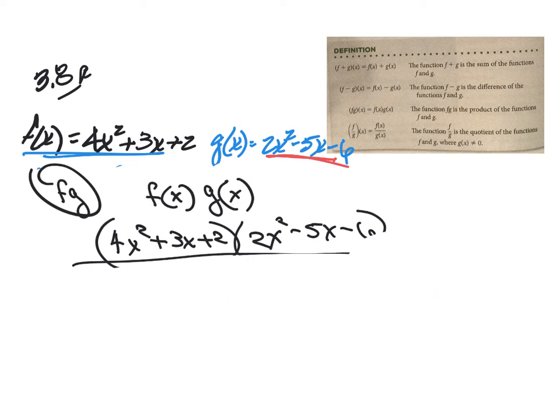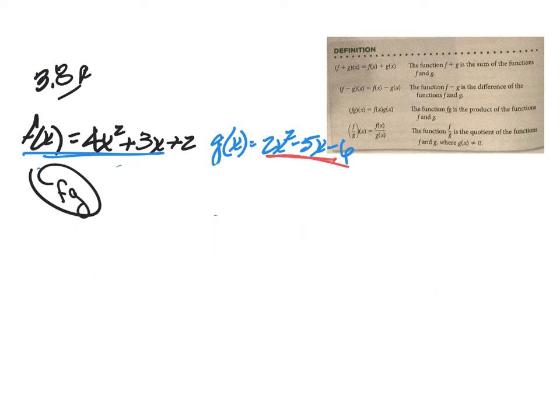All right, let's keep moving. The final one they give you is f over g of x. And sometimes they put in parentheses like that. All right, which means whatever f of x is over whatever g of x is. So that would be our 4x squared plus 3x plus 2 over 2x squared minus 5x minus 6.